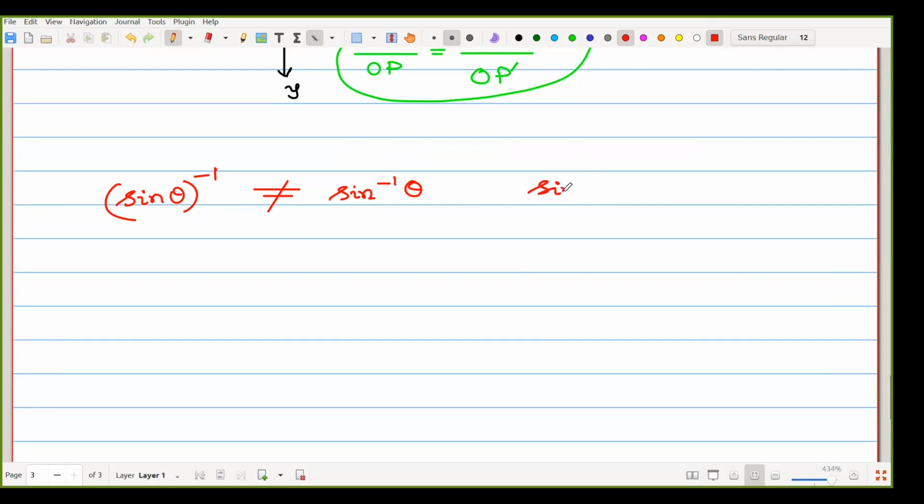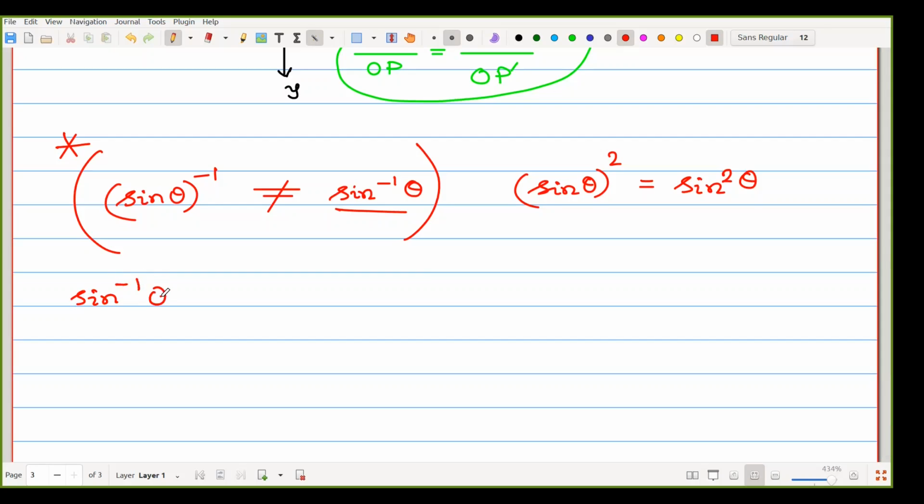Look once again, when we have sine theta whole square, we are writing it as sine square theta. But we cannot write that when the power is -1. We cannot write it as sine inverse theta. Sine inverse theta has a different meaning.